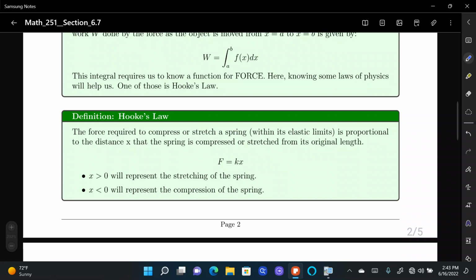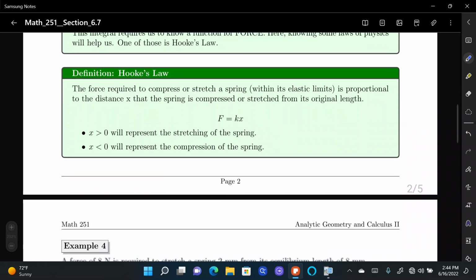Well, what's that K? That K is a constant of proportionality that we need to calculate first before setting up the problem to find that work. What does that K represent? Well, it depends on how that spring is designed. It depends on the material the spring is built from as well.